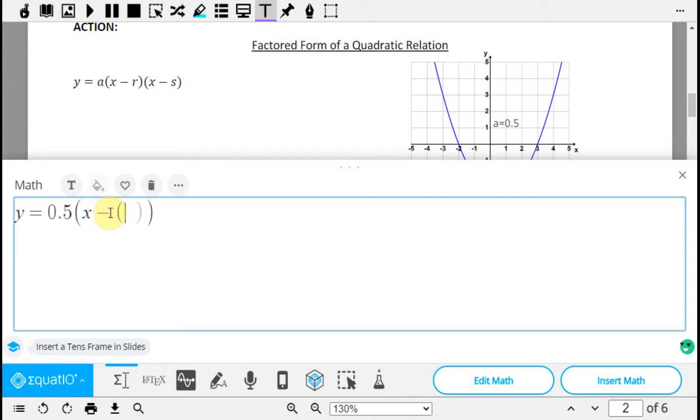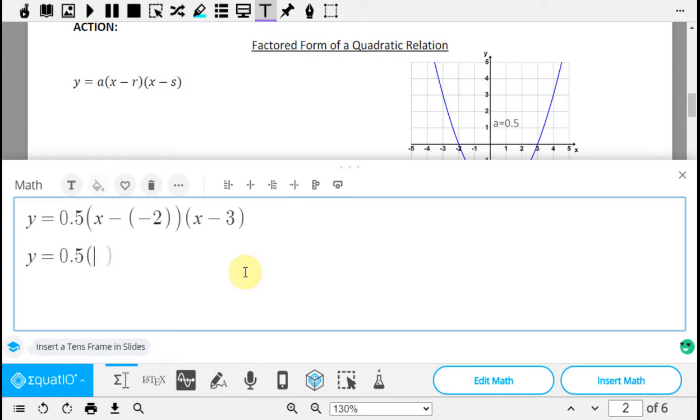So I will put another bracket since we have another minus. And the second bracket, we would have x minus, and the 0 is 3. And so what happens is that the minus inside of here ends up changing these signs, as we said. y equals 0.5 (x plus 2)(x minus 3). So there's our equation for this parabola in factored form.